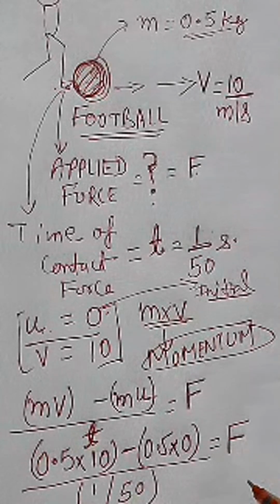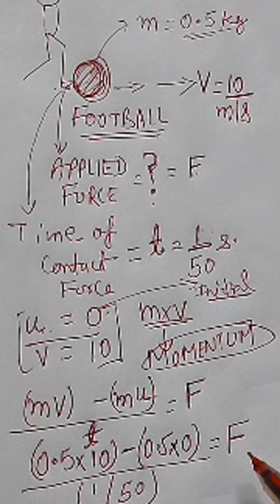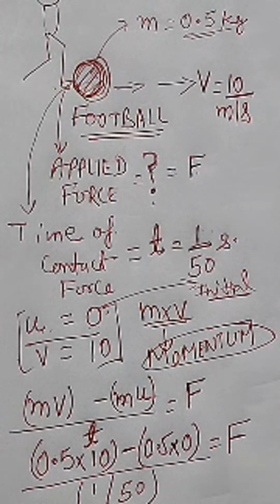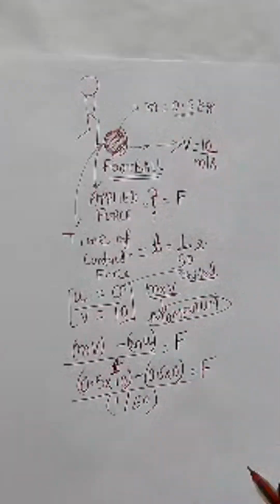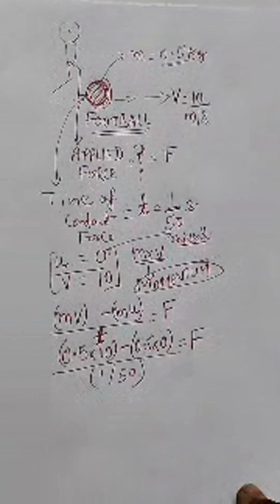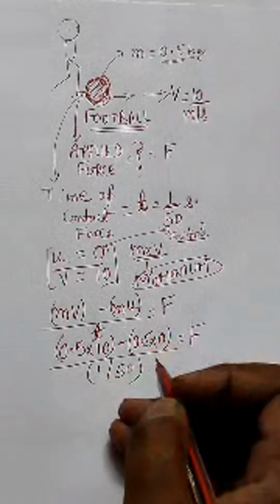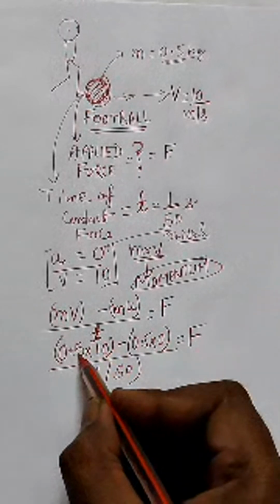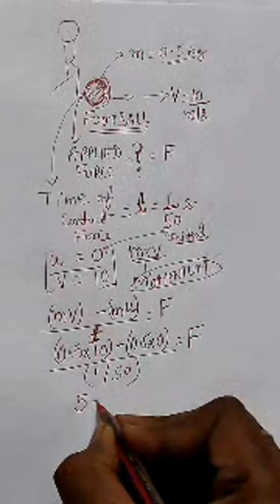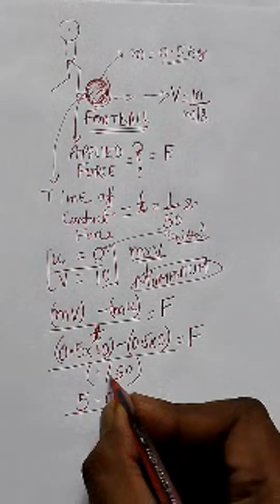So in this way this force is calculated, right? Now let us come to the exact numerical figure. Here 10 into 0.5 will be 5, right? 5 minus 0 over 1 by 50.